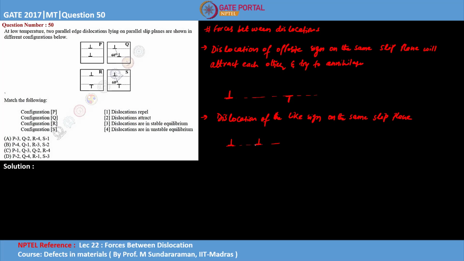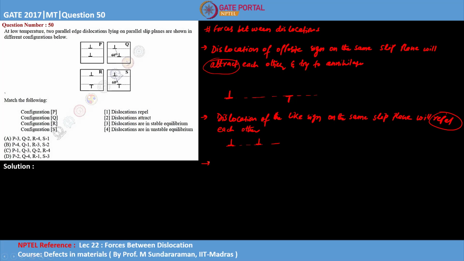There will be a repulsive force between these dislocations. So dislocations of like signs on the same slip plane will repel each other, right? So these are the two cases if we talk about the same slip plane. In the first case they will attract each other, and in the second case they will repel each other, right?